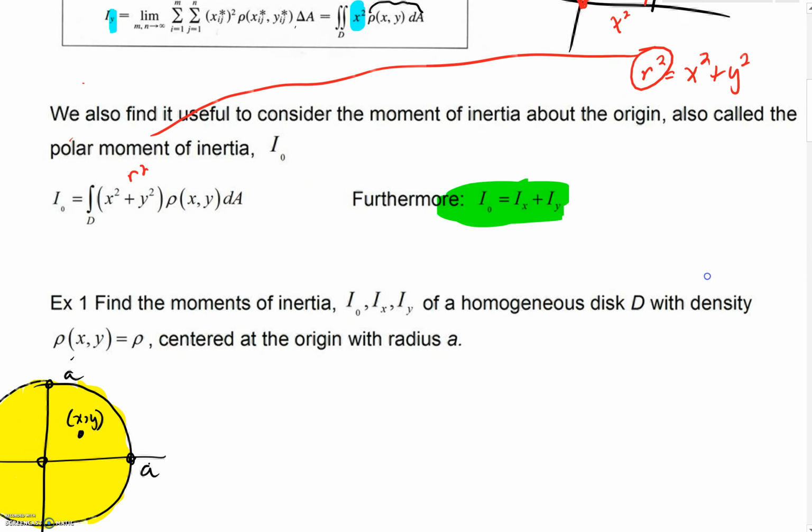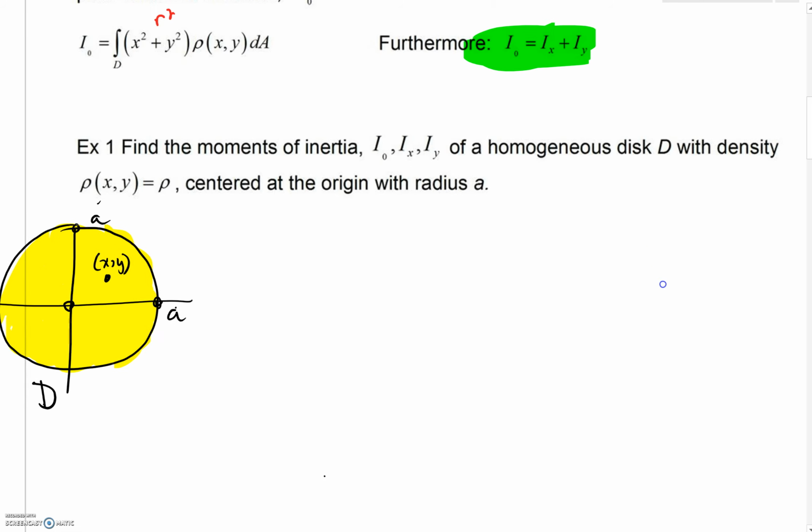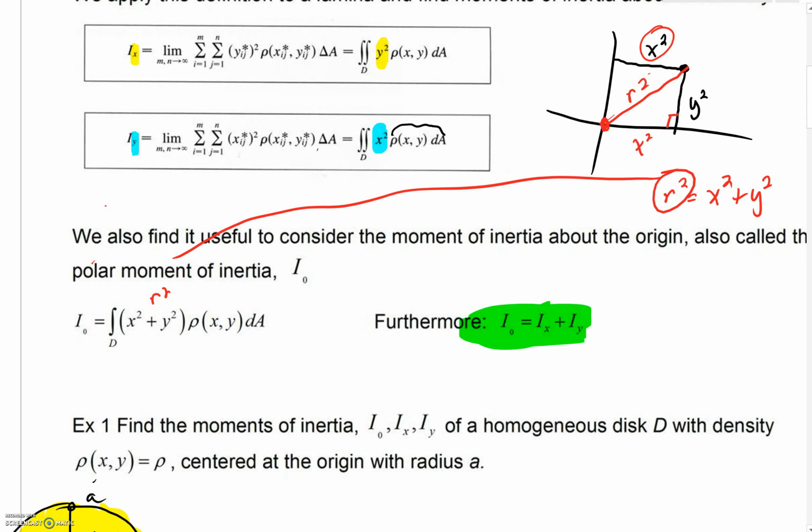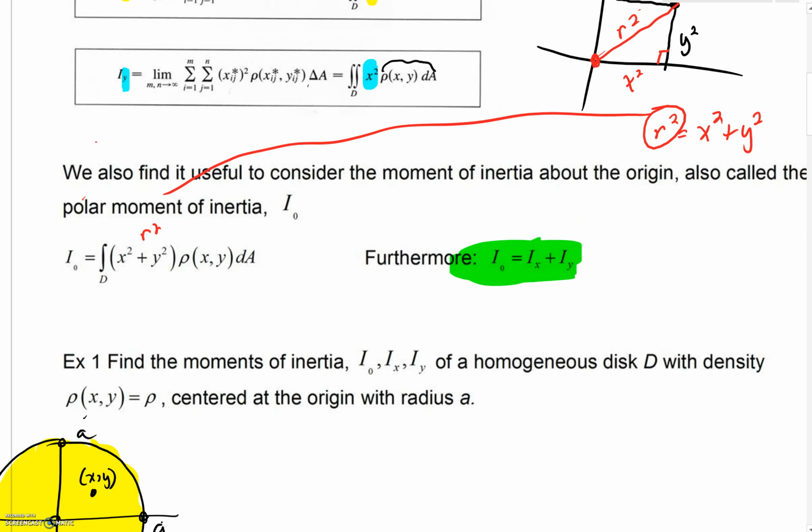They want us to find the polar moment of inertia, and the moments of inertia about the x-axis and y-axis, for a homogeneous disk with constant density. Rho is just some constant, a number like 5.